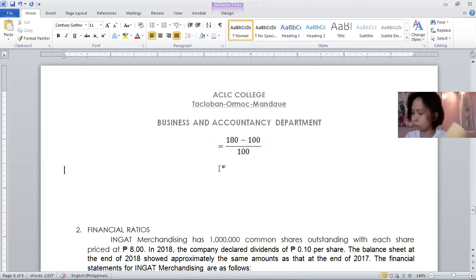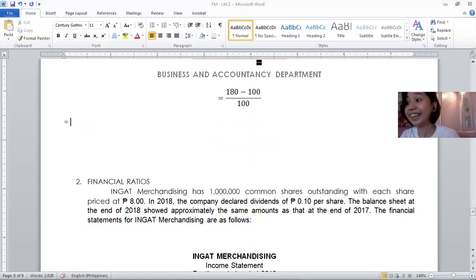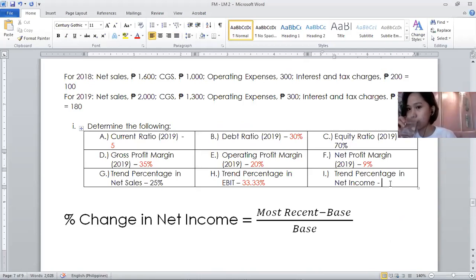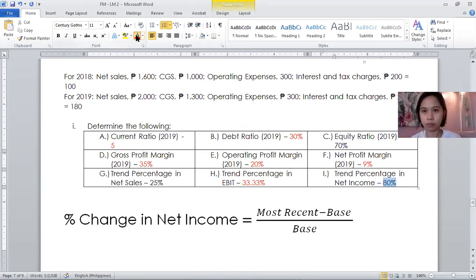How much? 80%, ma'am. Okay. So, is it clear now? Yes, ma'am. It is 80%. You can work on this after the discussion. The answers are provided already.